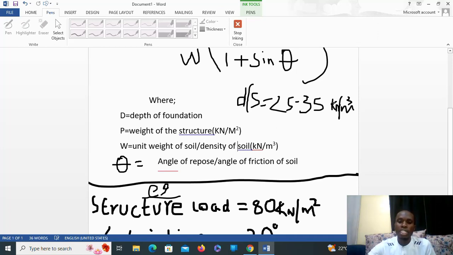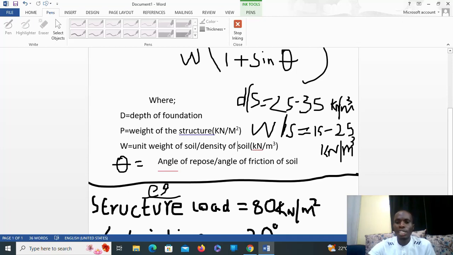That is the density of dry soil. And then the density of the wet soil, I'll denote it as WS, normally ranges from around 15 to 25 kilonewton per cubic meter. So simply that is the range from dry soil to wet soil.